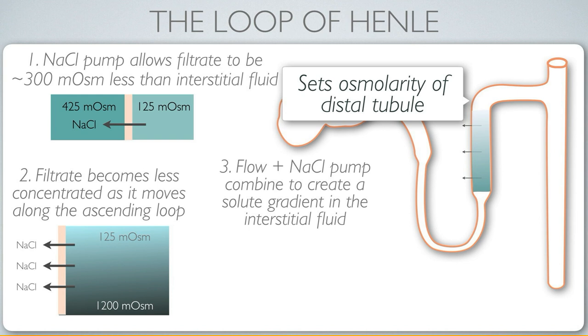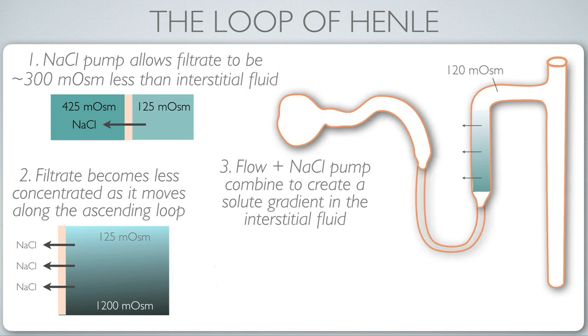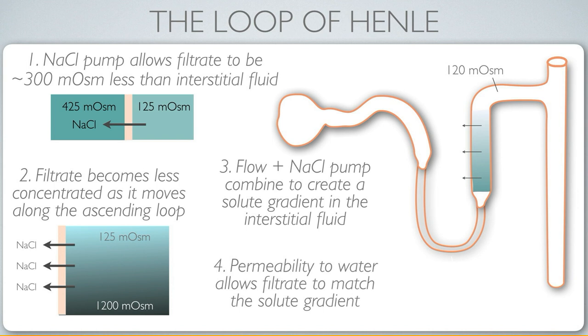That's going to be our minimum value for the osmolarity of the urine that we ultimately produce, something like 120, 125. But then the permeability to water allows the filtrate to match the solute gradient. This permeability to water refers to the osmosis that occurs on the descending limb.